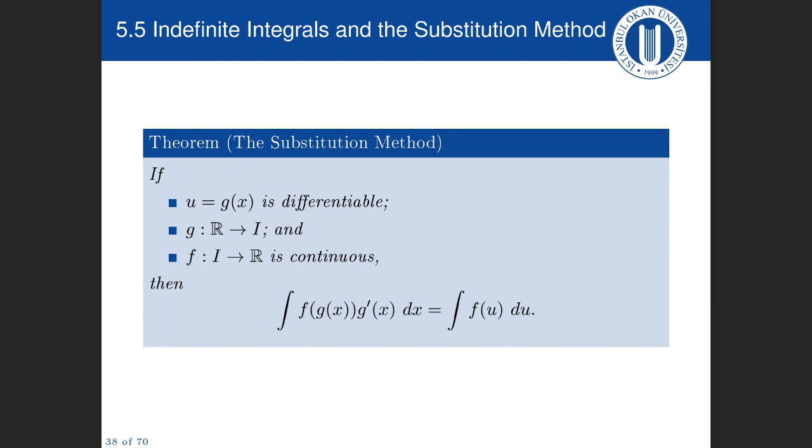So as long as everything is nice, continuous, differentiable, etc., we can replace g prime of x dx by du, and we can replace the g of x by u.